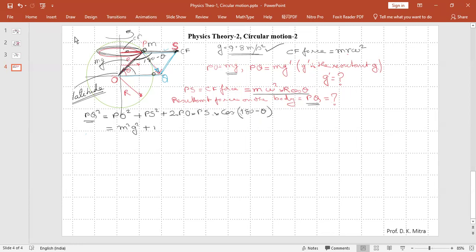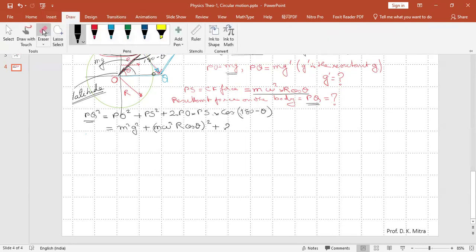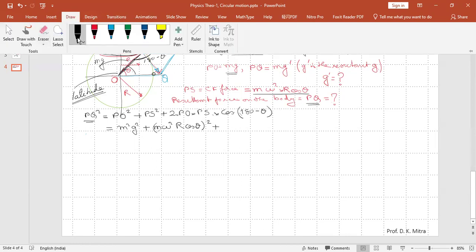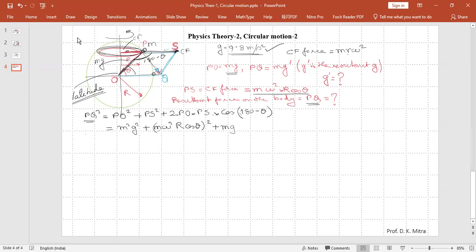So you can write m omega square r cos theta whole square plus 2, PO is again mg. So in place of PO, we write mg.